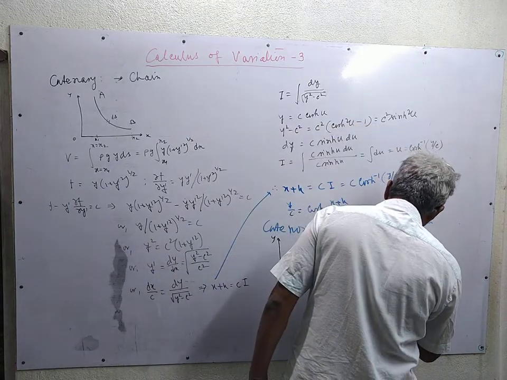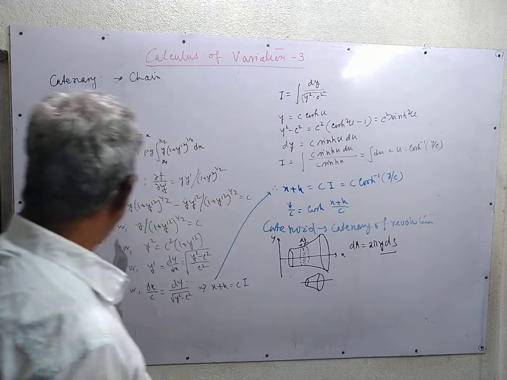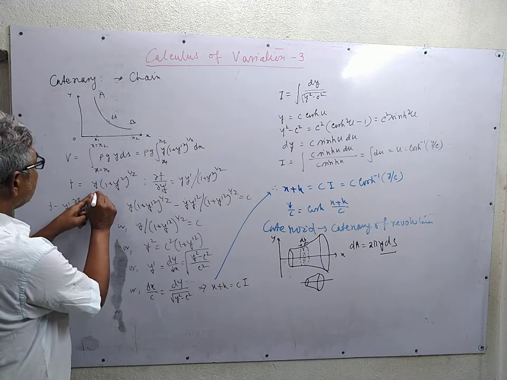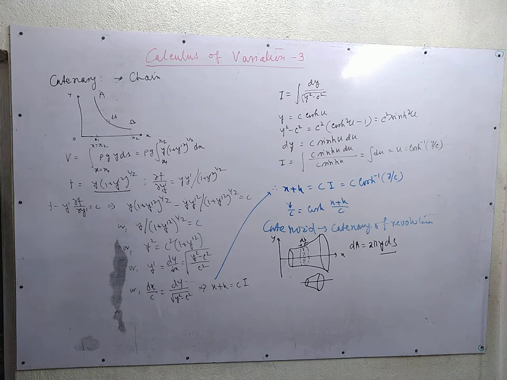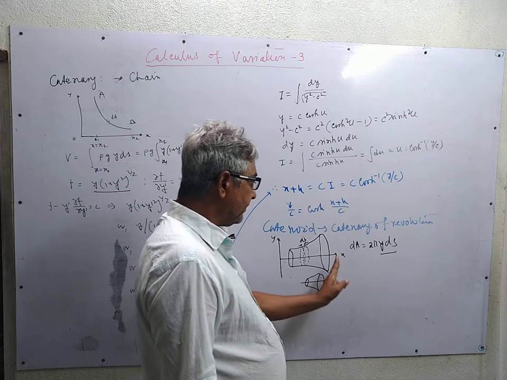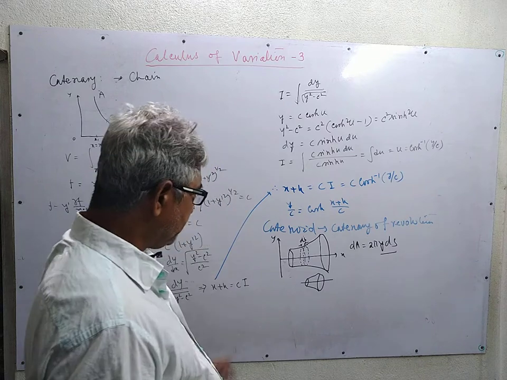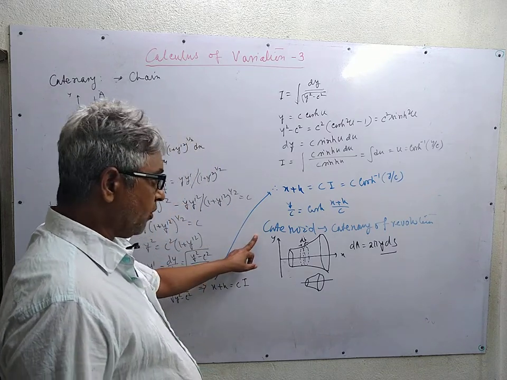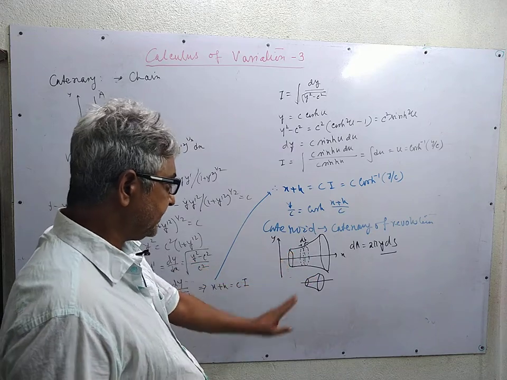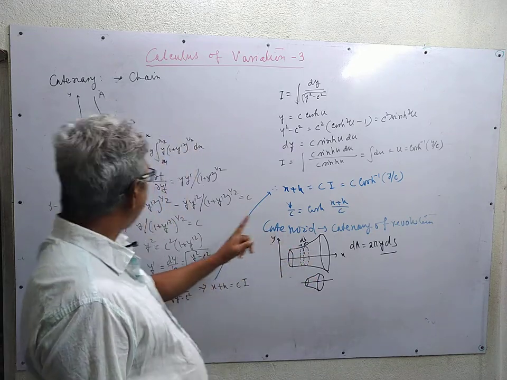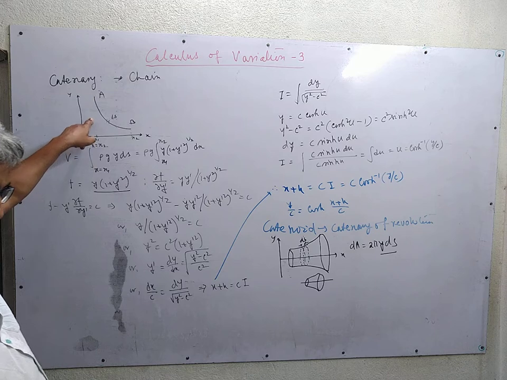You note that the functional form F is exactly the same as what we get in the case of catenary. So the catenoid problem most often is termed as the catenary problem in most textbooks, but it is the catenoid. The surface area that is generated is a catenoid, and the curve is the catenary.